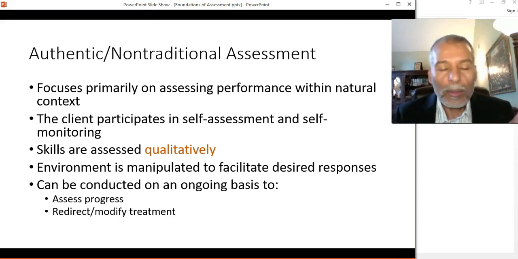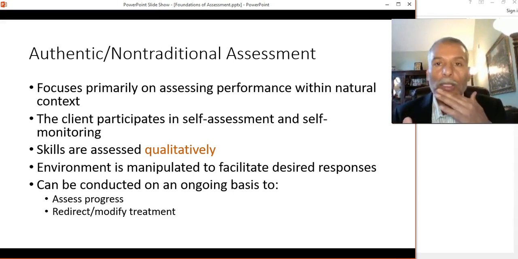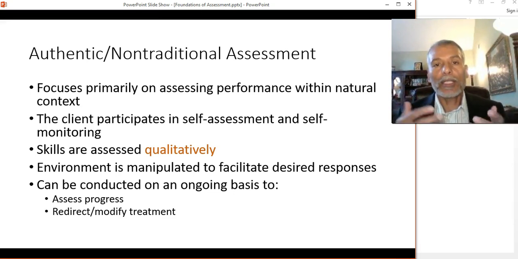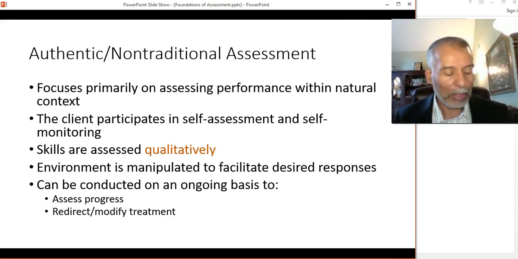It doesn't cover all the areas. There is not one single test that is going to explore every single aspect of language, for example. And I'm using language as an example because it's a very, very wide domain.